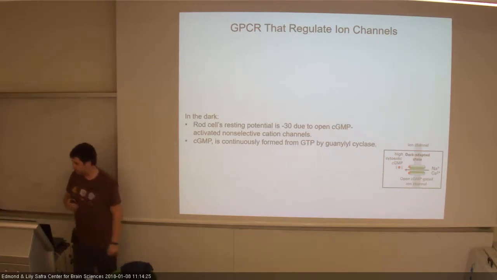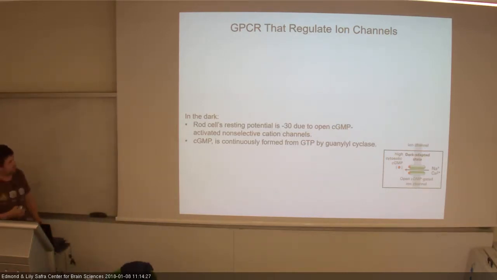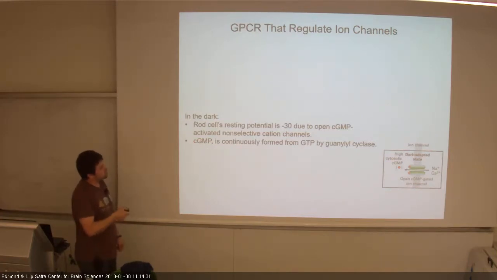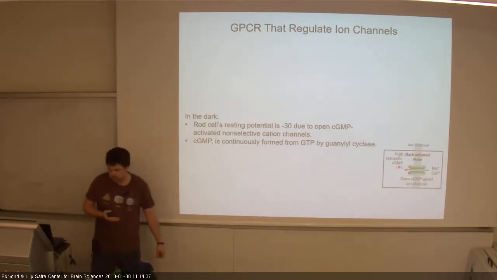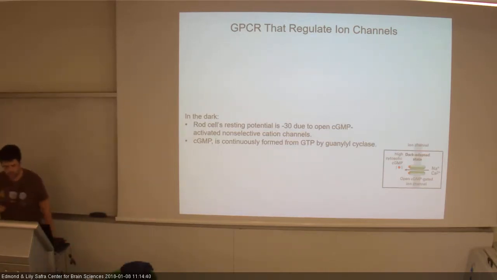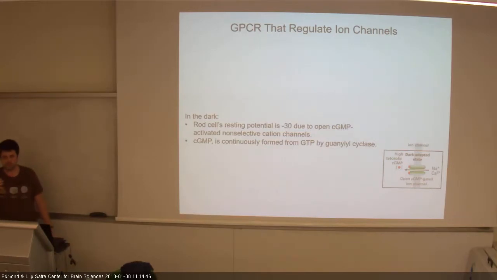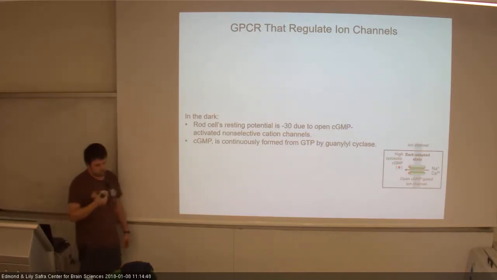And the operational mechanism is that during dark, the rod cell's resting potential is minus 30 millivolts due to the fact that you have constantly open channels that allow entrance of sodium and calcium inside the cell. So the cell is always depolarized and constantly releasing neurotransmitter to the receiving cells.